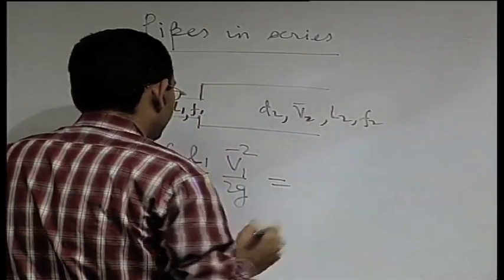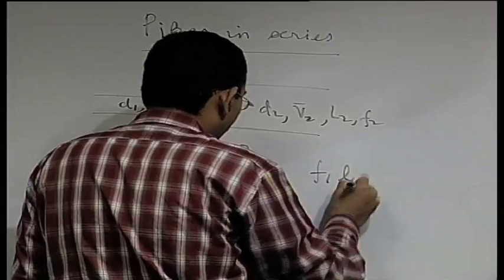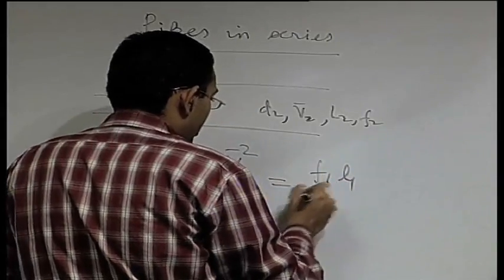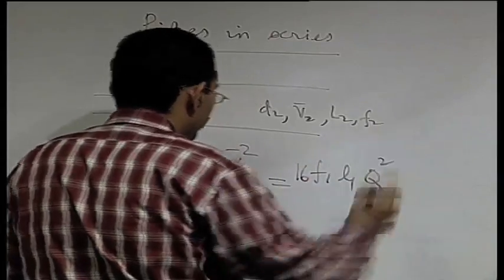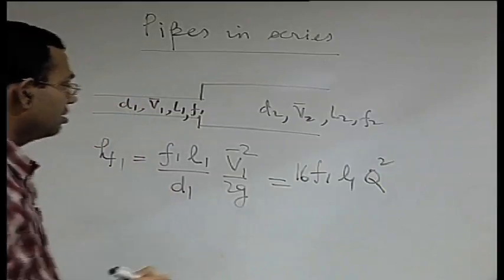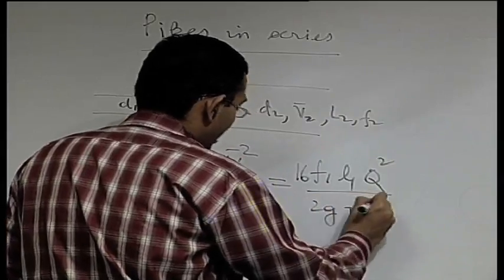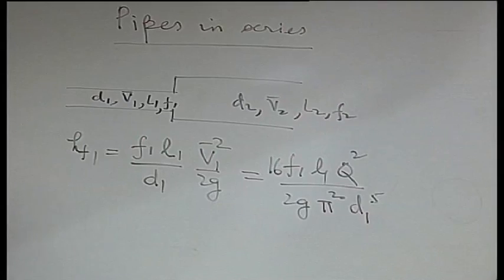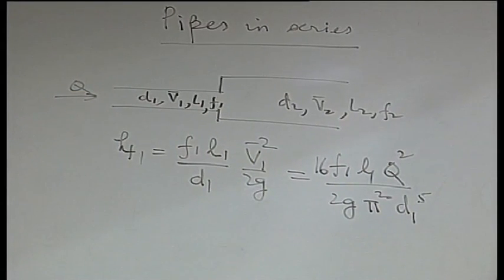So in terms of the flow rate, V square will be 16 Q square, so HF1 is 16 F1 L1 Q square by 2g pi square D1 to the power 5, where Q is the flow rate going through each of these pipes.